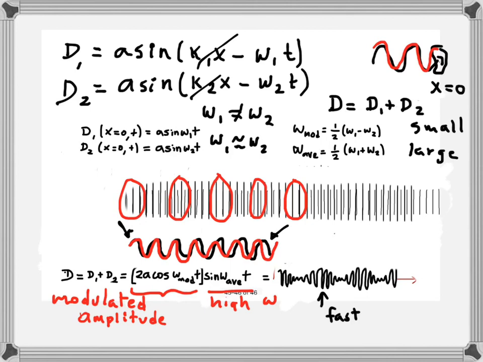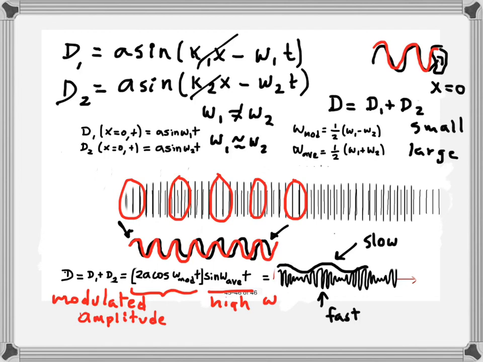So this sine wave has an envelope function. That envelope function is the function 2a cosine of omega modulation times time. So the envelope function changes with time slowly, and the inside function changes with time fast.